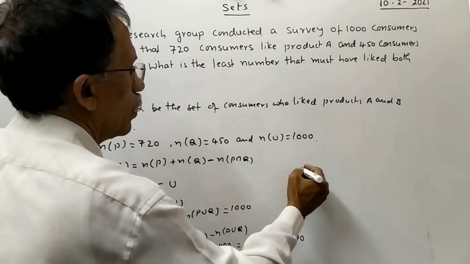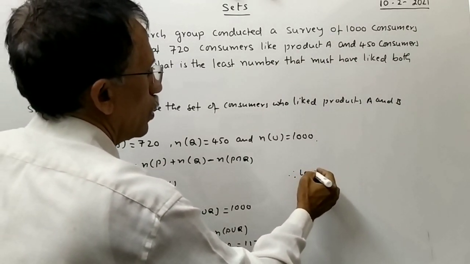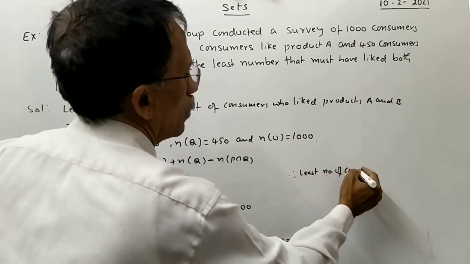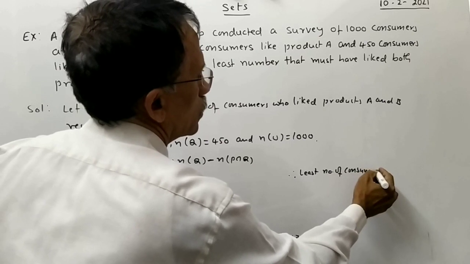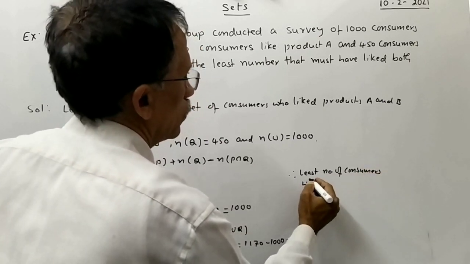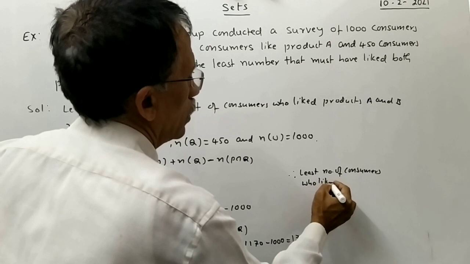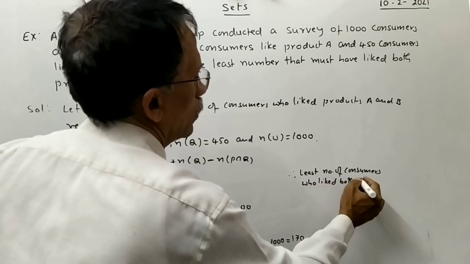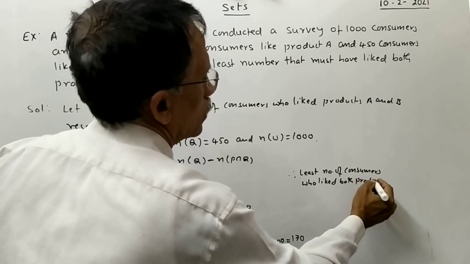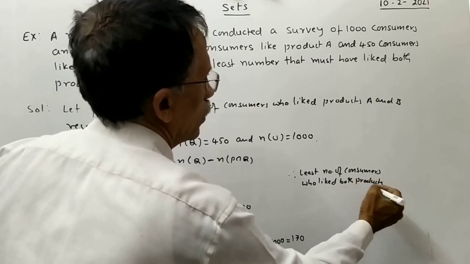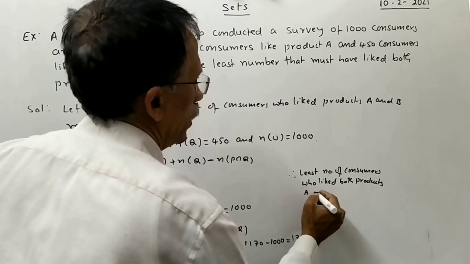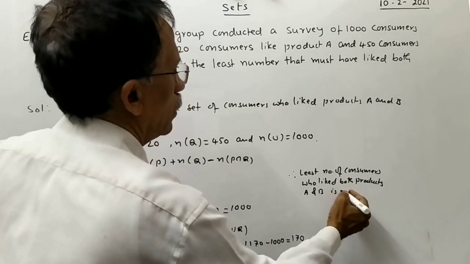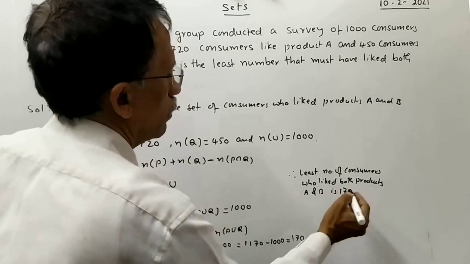Therefore, the least number of consumers who liked both products A and B is 170.